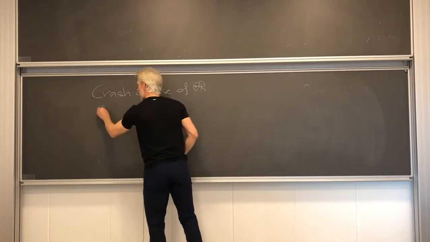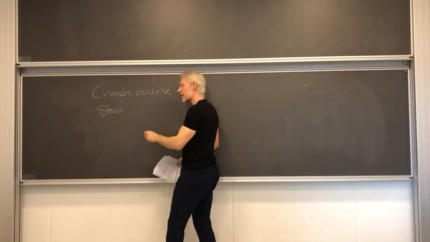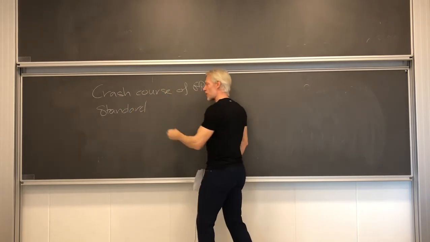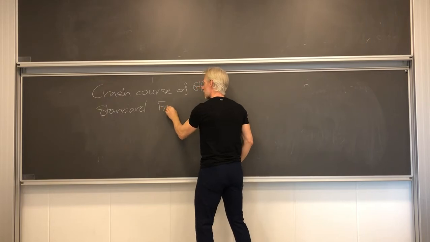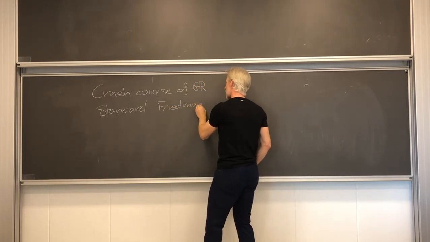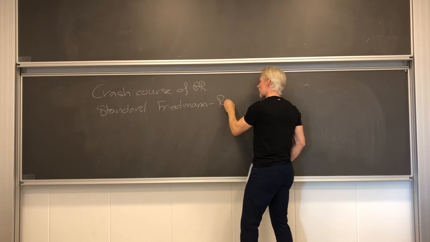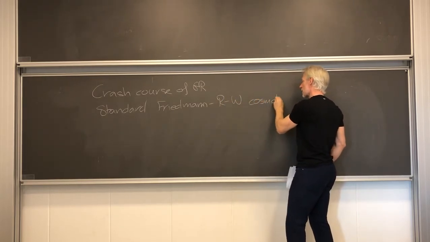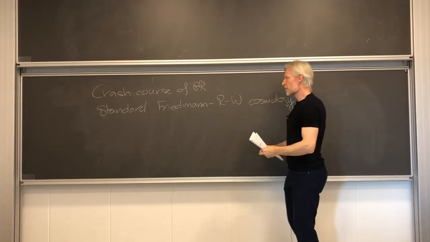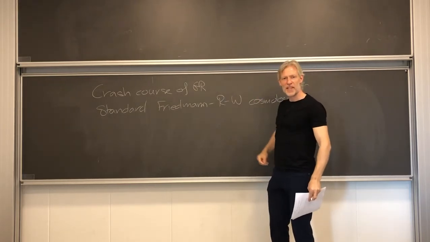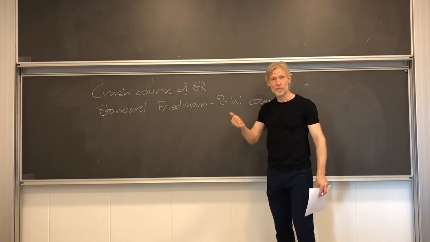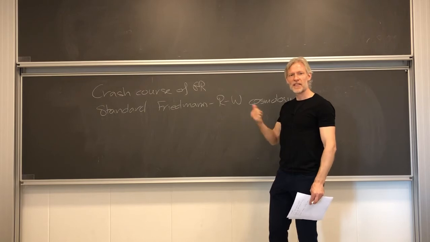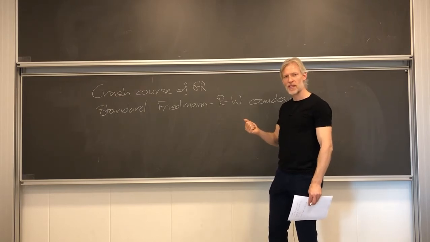And then the next part, once we've established this, is to do what is known as standard Friedmann-Robertson-Walker cosmology. So that's basically taking what we've established from general relativity, the field equation, the Einstein equation as it's known, and then the equation of motion for particles, what we call the geodesic equation.